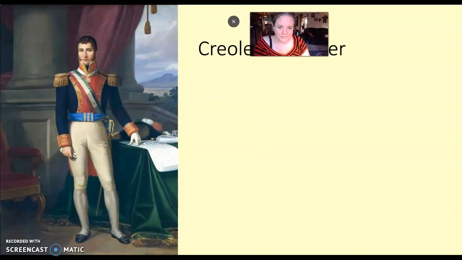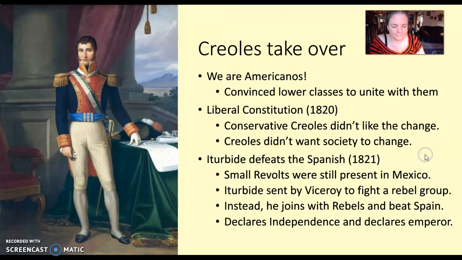All right, so the Creoles take over, under this rallying cry that they are all Americans, which is really fascinating, that the revolution from below that was very concerned over this super small minority of the population having all of the money and all of the power now becomes more of a revolution of everybody against the Peninsulares.